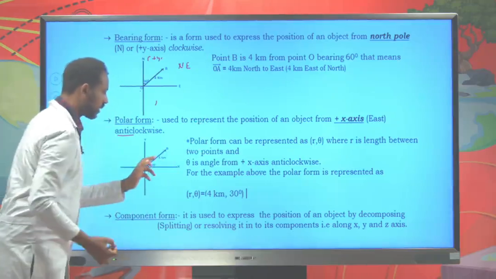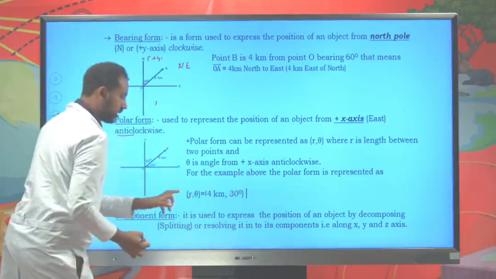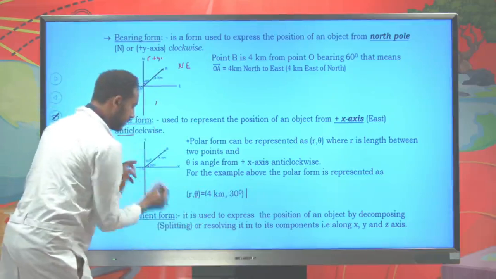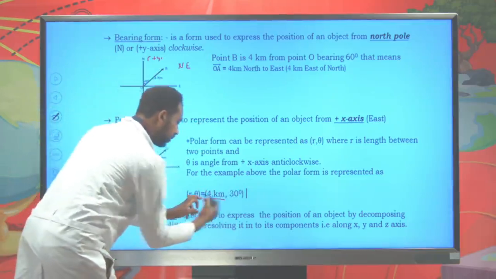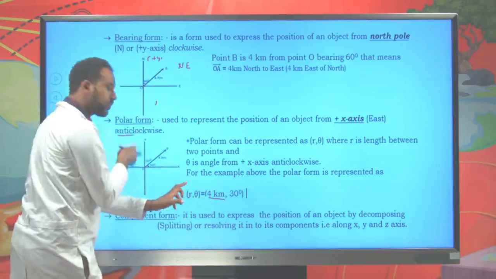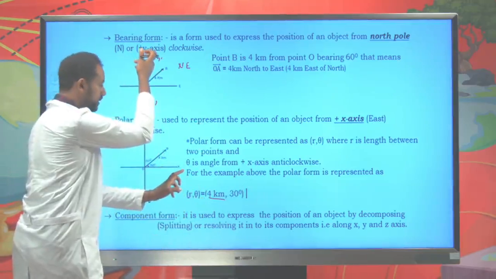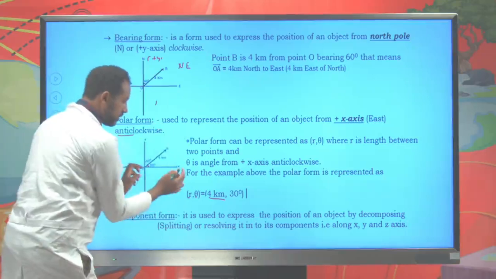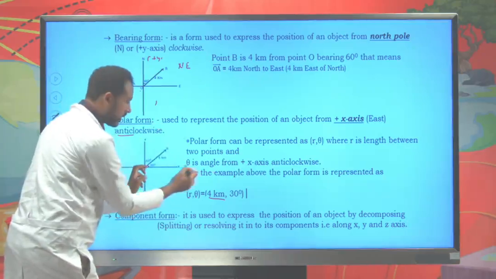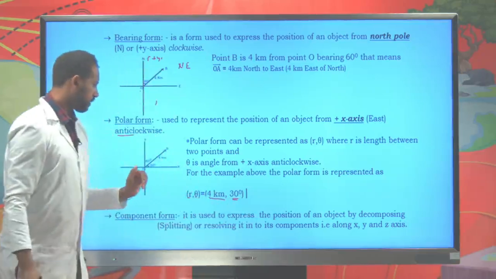The same distance, 4 kilometers. To represent using polar form, you have to give the distance as well as the angle. The distance is 4 kilometers, and the angle should be measured from the positive x-axis, not from the north axis. For bearing you use the north axis, but polar form uses the positive x-axis, or east. Therefore, you put 30 degrees.